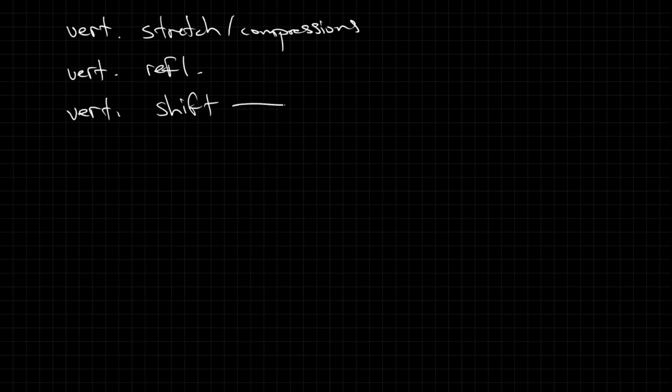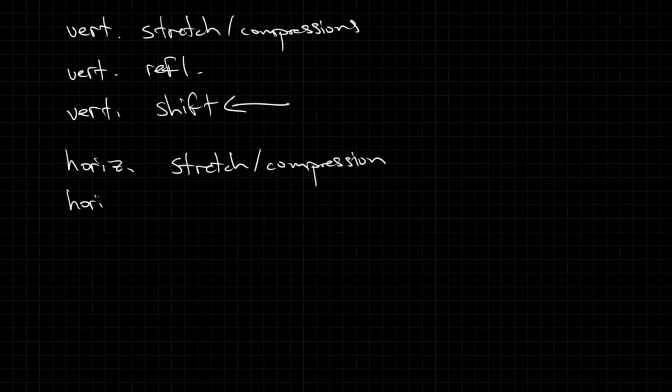And as long as this shift is last when you do all the vertical transformations, then your transformation order will be correct. Same with horizontal. So you can do horizontal stretch slash compression, horizontal reflection, and as long as you do this horizontal shift last, your order will be correct.